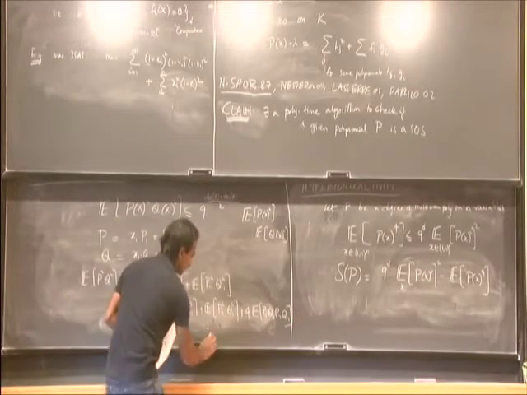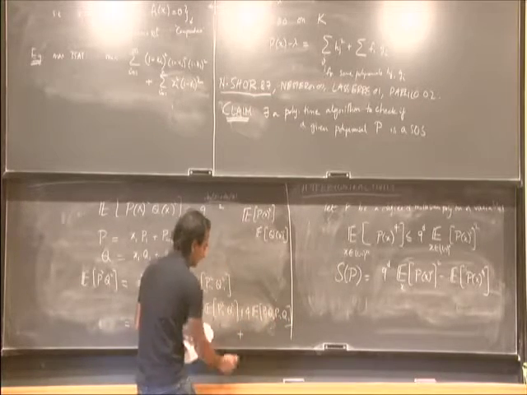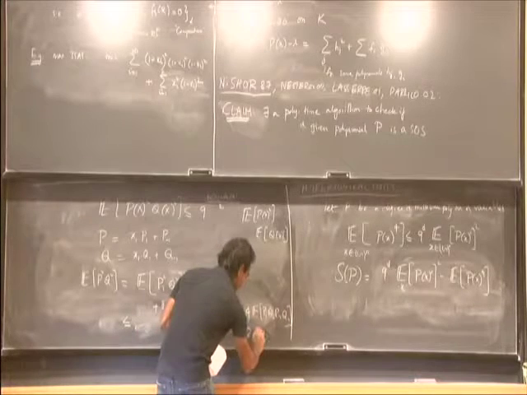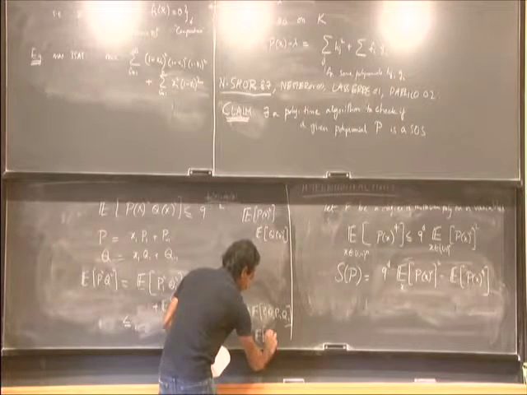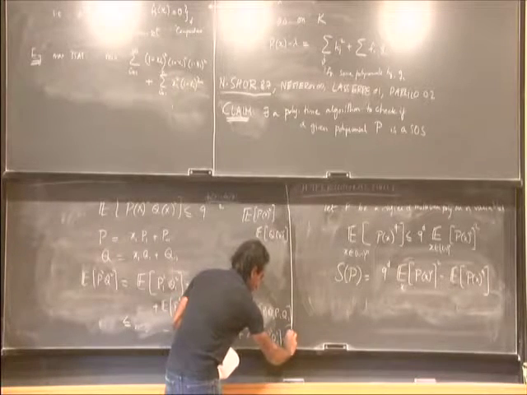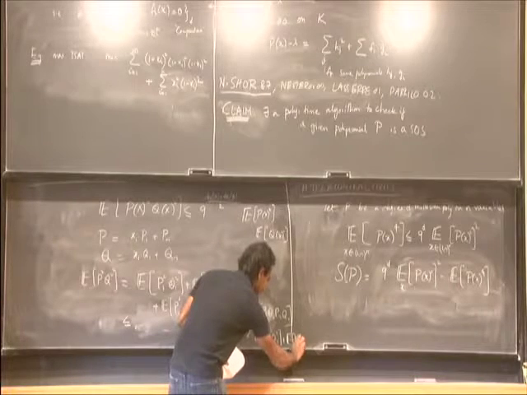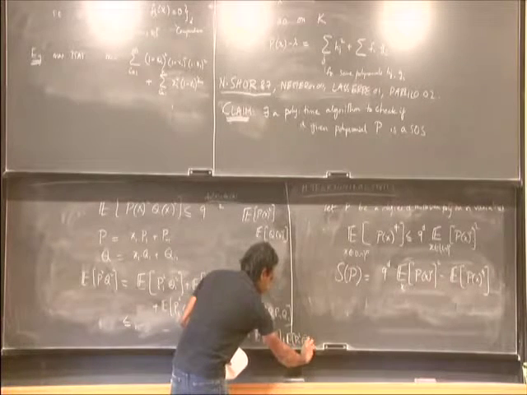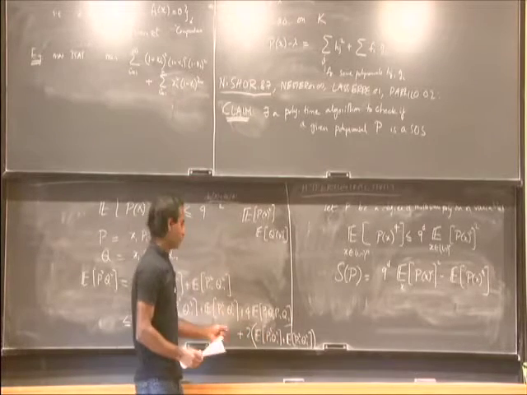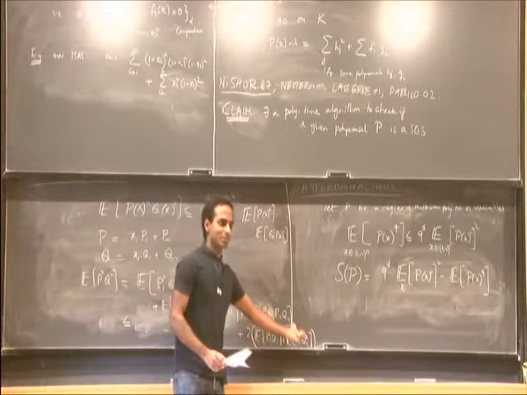So you get all of these terms, and then you use Cauchy-Schwarz here, and you get this is less than or equal to 2 times the expectation of this. So 4 times ab is less than or equal to 2 times a squared plus b squared.